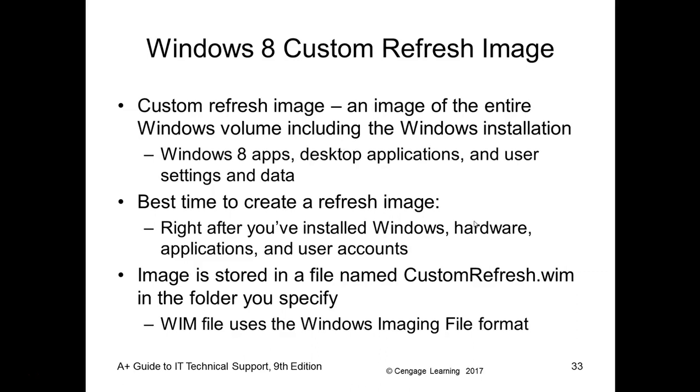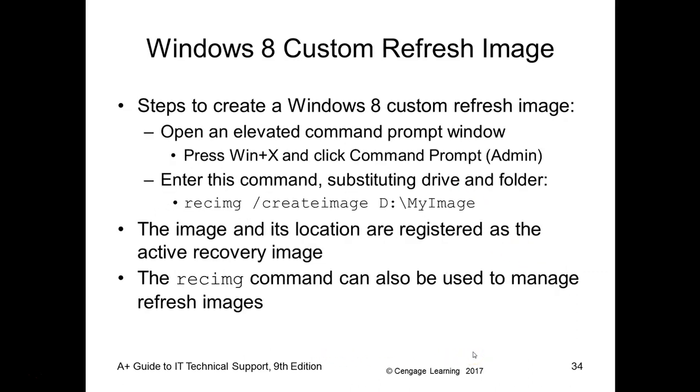Okay, so images are stored with a file name, for example, customrefresh.wim. WIM is a file extension for Windows image, and it's using that Windows image format. So to create it, you open up the command prompt. That can be WinX, then click on command prompt, or under Windows 7 you can go to Start, Run, and type cmd.exe.